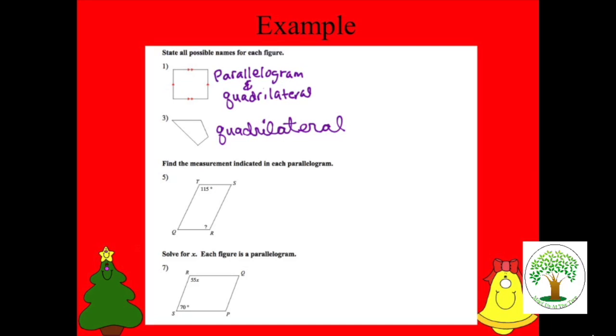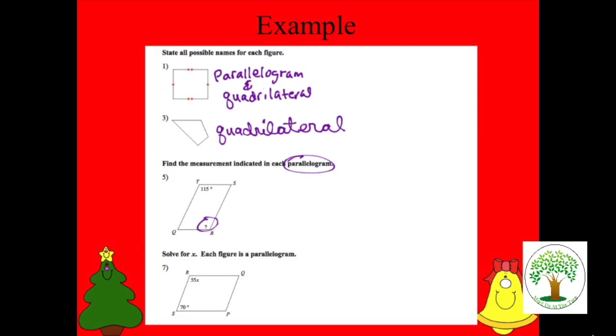Number 5. It tells us that this is a parallelogram. Find the measure of each indicated angle. So we want to know this one right here. What's the relationship between angle T and angle R? They're congruent. How do we know they're congruent, not supplementary?